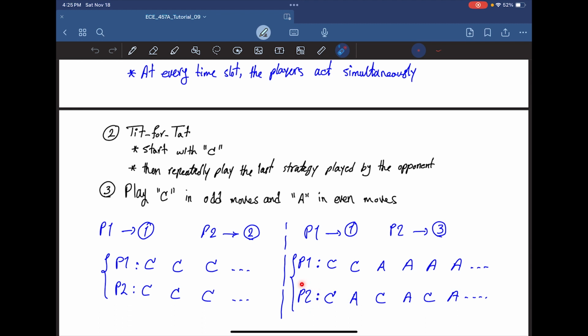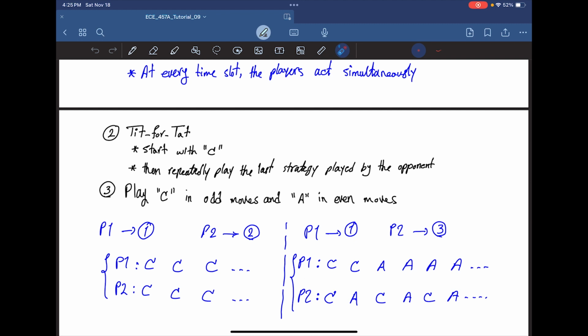We can see that for player 2, it doesn't matter what action the opponent chooses. So player 2 will always play C, A, C, A, C, A. But player 1's actions are dependent on player 2.